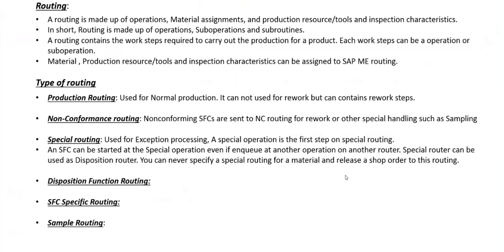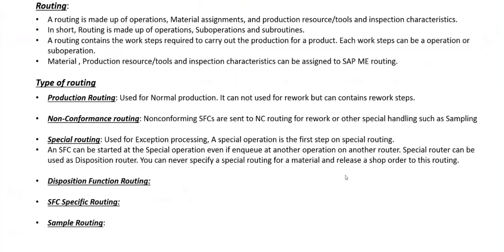So routing is made up of all the operations that you have. By using the operations, you can create a routing, and you can put those operations in a sequence. In that particular sequence, the operations will be performed.